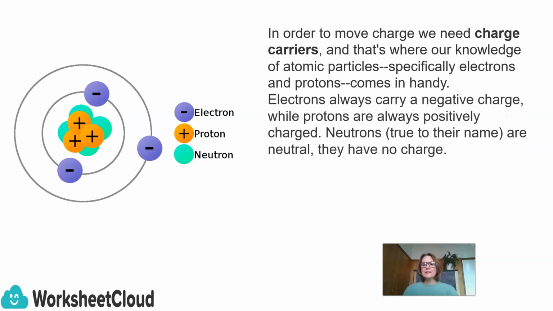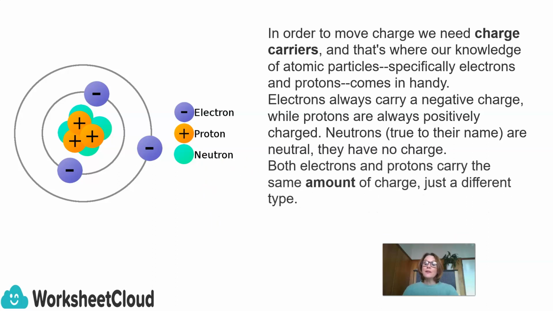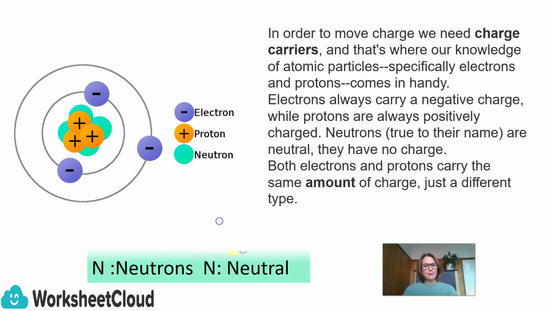Electrons always carry a negative charge, while protons always carry a positive charge. Neutrons, true to their name, are neutral, so they have no charge. Both electrons and protons carry the same amount of charge, just a different type.